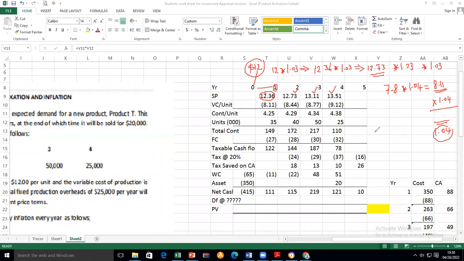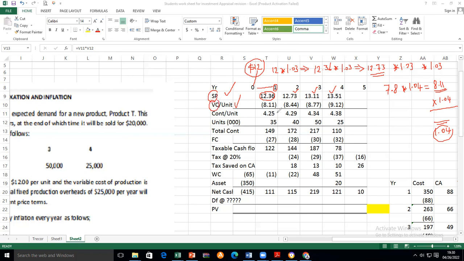So this is how we inflate the selling price and the variable cost. Then you can calculate the contribution here. How do you calculate the contribution? The contribution is simply our selling price less the variable cost.